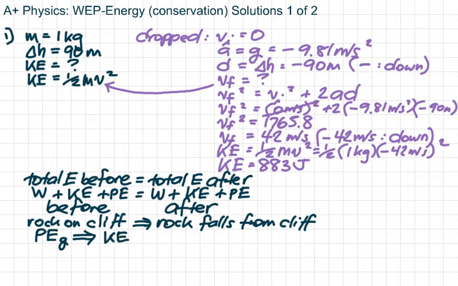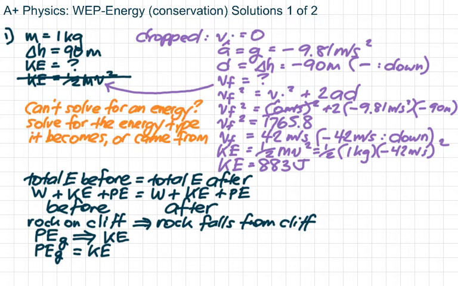So not only this kind of vague arrow thing, it is literally equal: gravitational potential energy before equals kinetic energy after. Point being, if I can't solve for the kinetic energy because I don't know the speed, so technically if K equals 1/2 mv squared doesn't work, then see if you can solve for the energy that it becomes or that it came from.